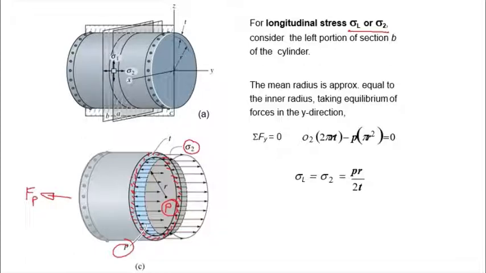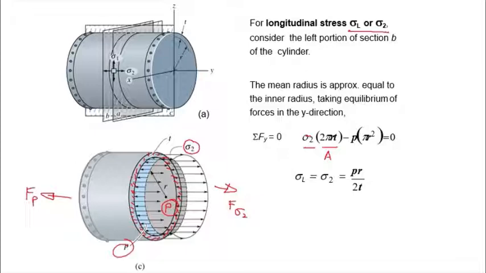And the force to the right in the y direction is due to sigma 2, the stress in the wall. So equilibrium of forces in the y direction: we have Fp equal to F sigma 2. In other words, sigma 2, the stress, times the area of the annulus around the cylinder wall.